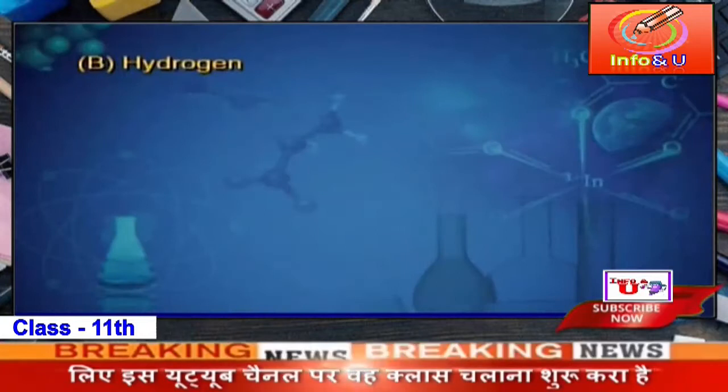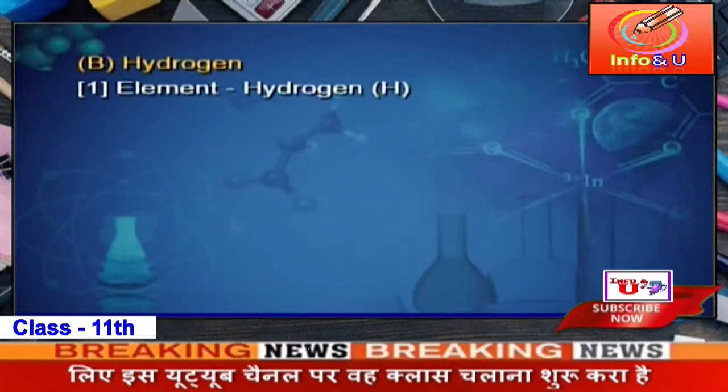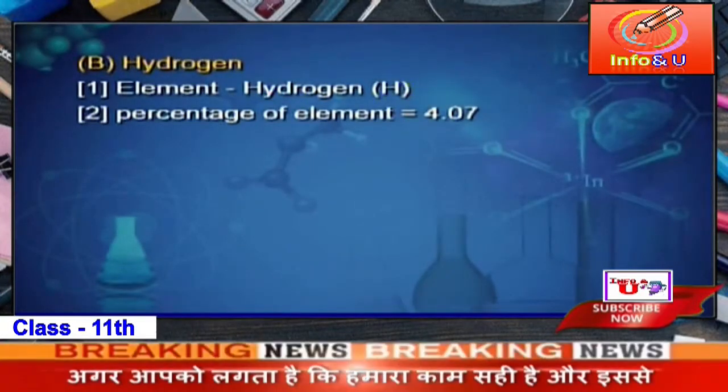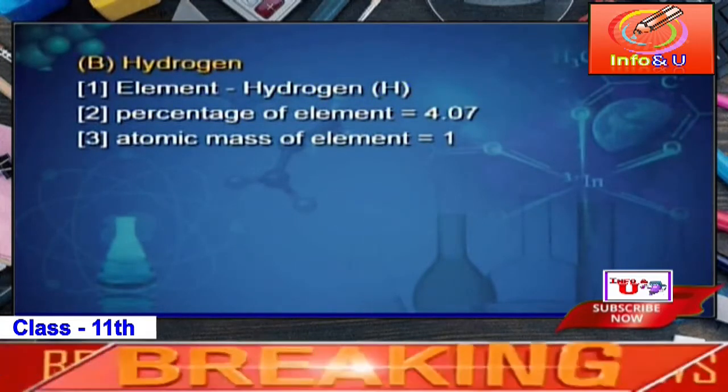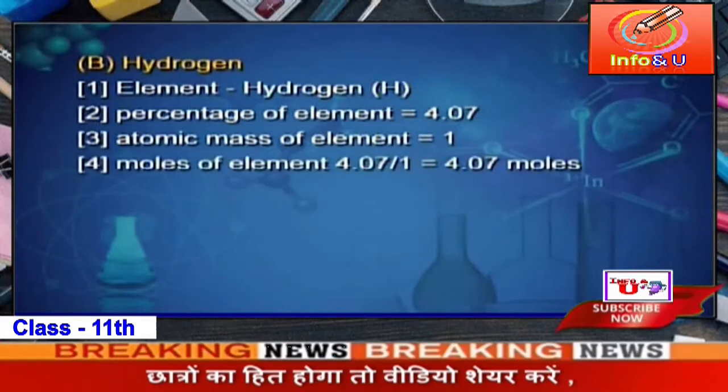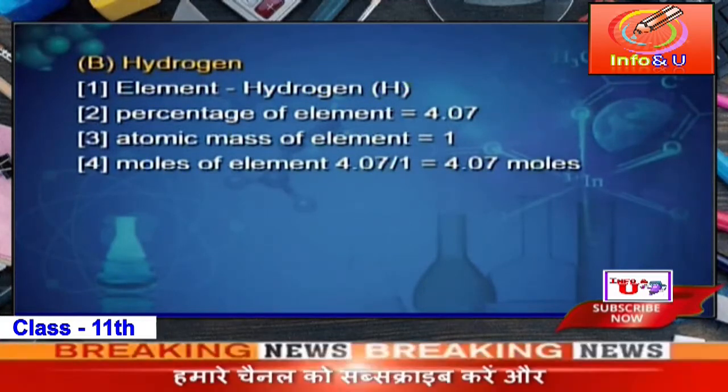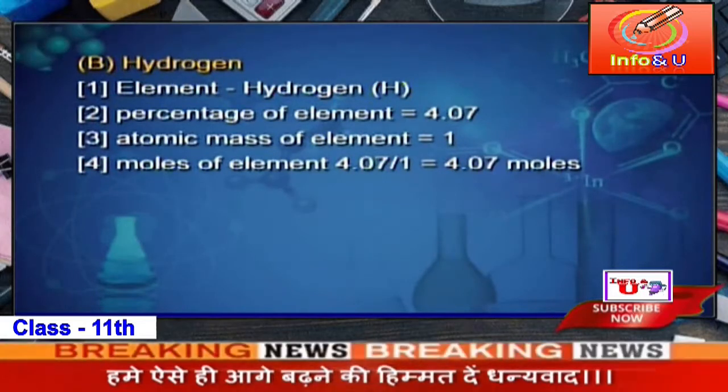Second, for hydrogen, the percentage is 4.07 and the atomic mass is 1, so moles is 4.07 divided by 1, which is equal to 4.07 moles.